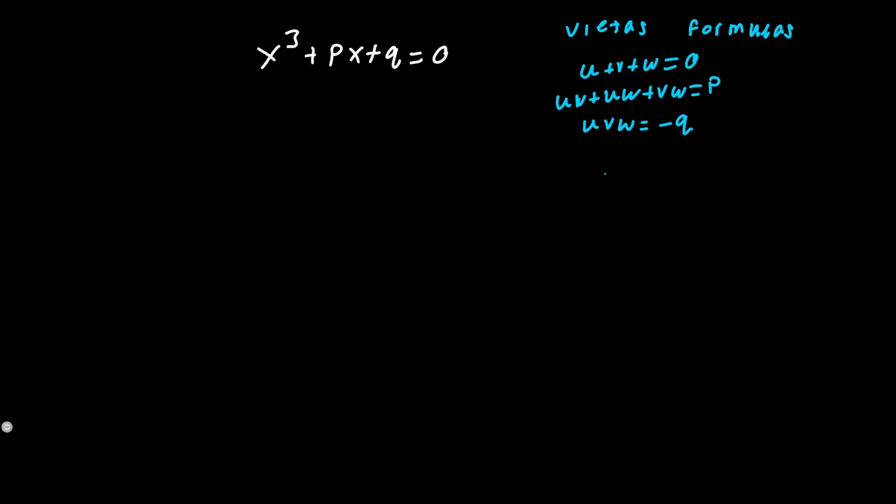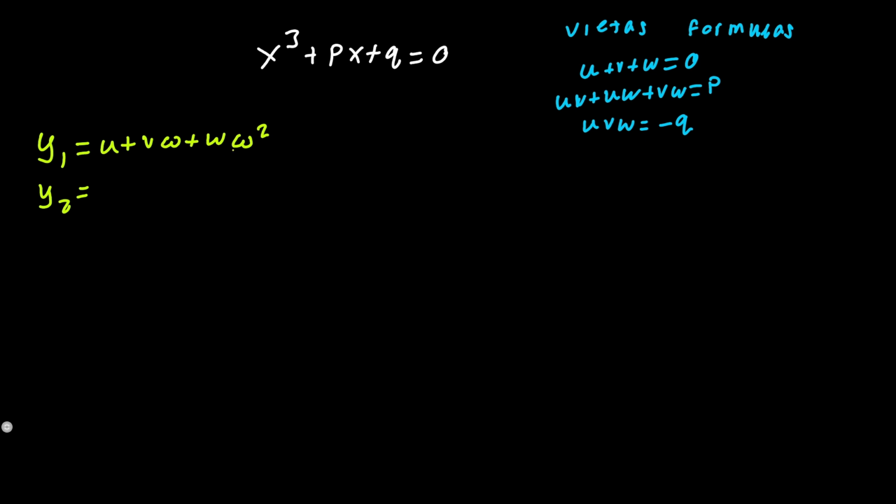So now what we will do is create a resolvent, pretty much a helper polynomial that will help us understand our cubic equation. And our resolvent will have two roots, using something similar to the sum of the roots, where we will have u plus v times omega plus w times omega squared.